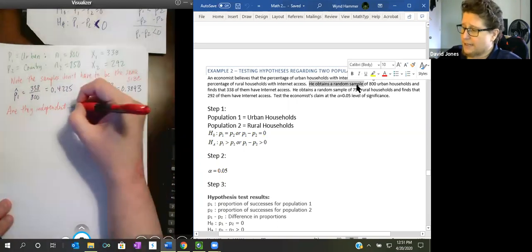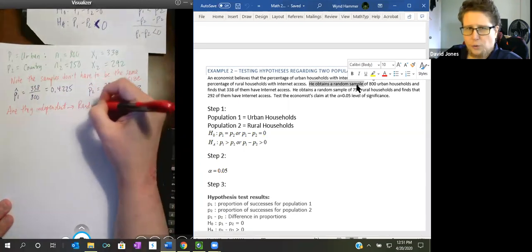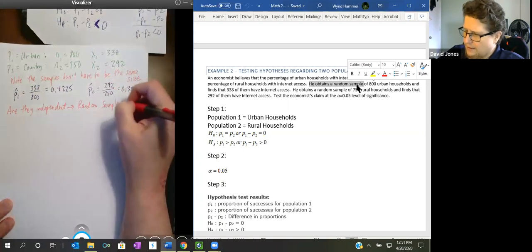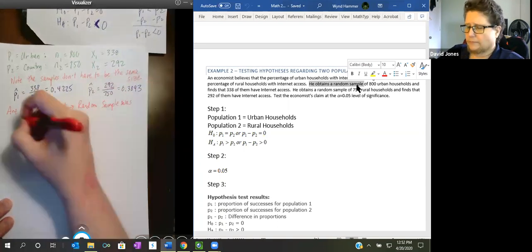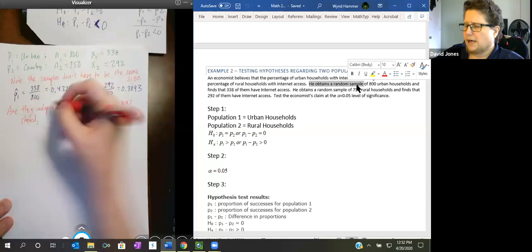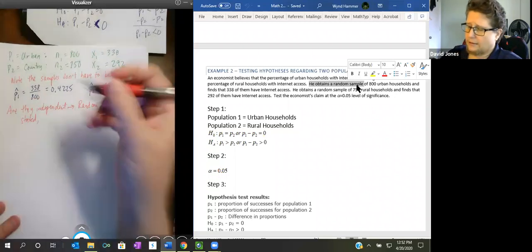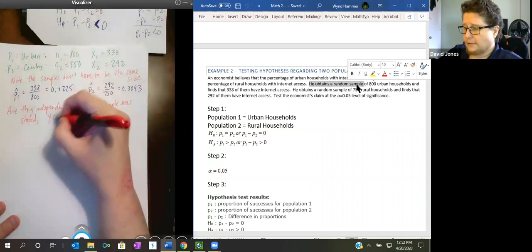It says random sample, and there's no linking in there. And there's no reason to think country homes and urban homes have any relationship because they're in different regions. So yes, independent.